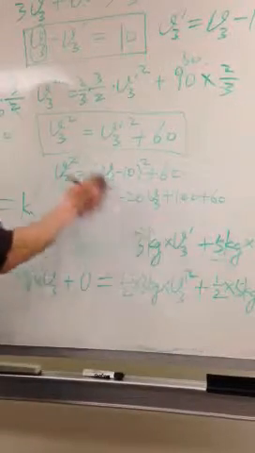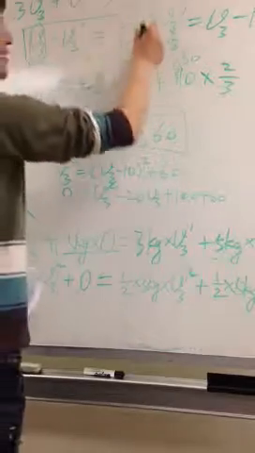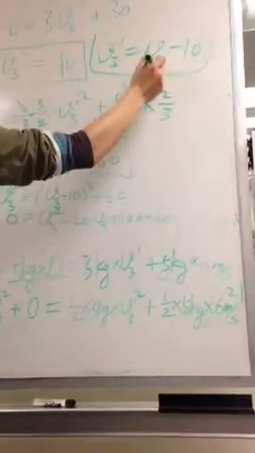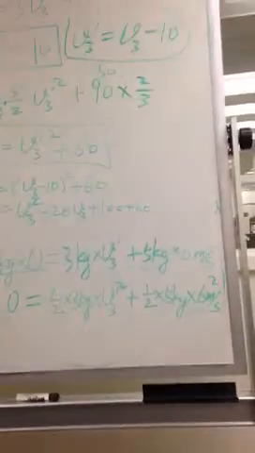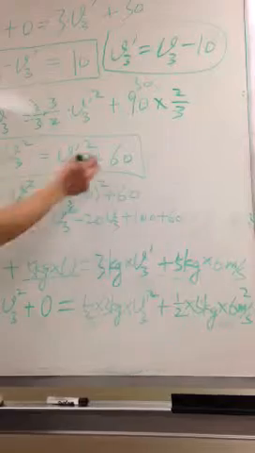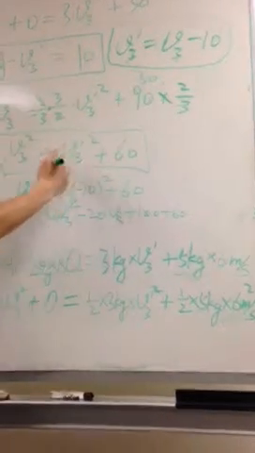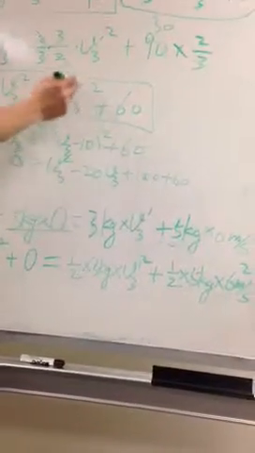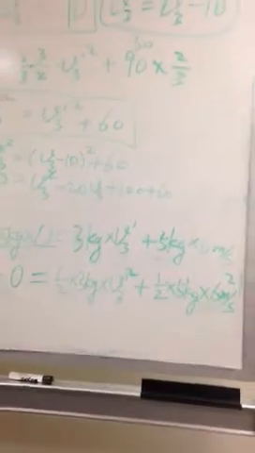From the first one, we got the relationship between the initial speed and the speed after the collision. From the second one, we got another equation. You just need to replace this variable with this one, and then you will be able to calculate.